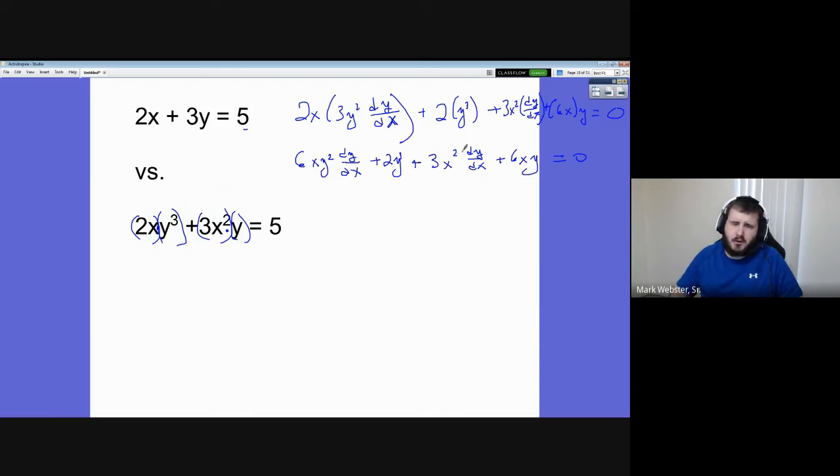Now all I'm going to do is take all the terms that don't have a dy dx and move them over to the other side. And then I get 6xy squared dy dx plus 3x squared dy dx equals, and I subtracted both of these over.